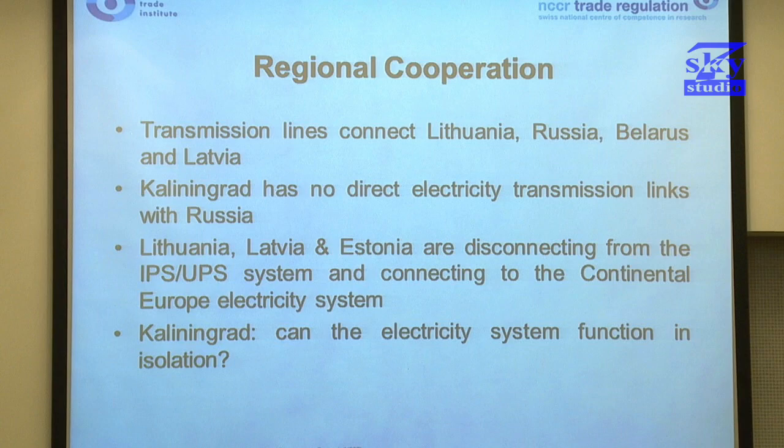The main question is, of course, can the Kaliningrad electricity system function in isolation? This question has been posed a number of times by a number of politicians: what will happen once Lithuania disconnects from the Russian system, and whether Kaliningrad will be able to generate enough electricity to supply people and businesses.